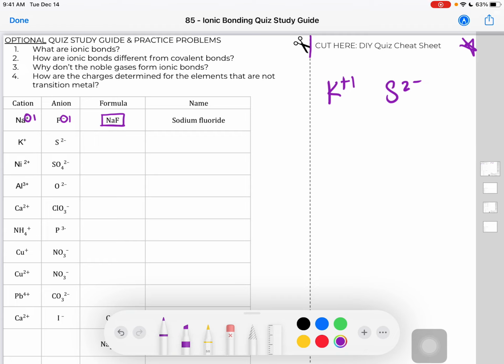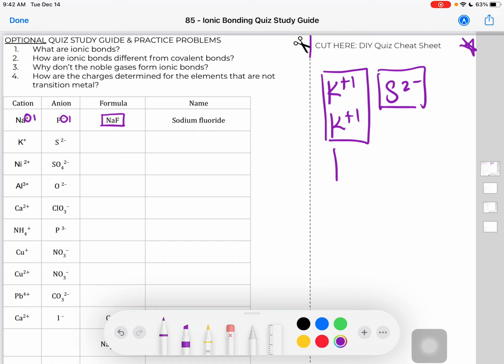So what we can do is add additional ions. I can either add this cation of potassium or this anion of sulfur. Because we need one more positive to make it 0 total, I'm going to add another potassium. So now there are 2 potassium and 1 sulfur.